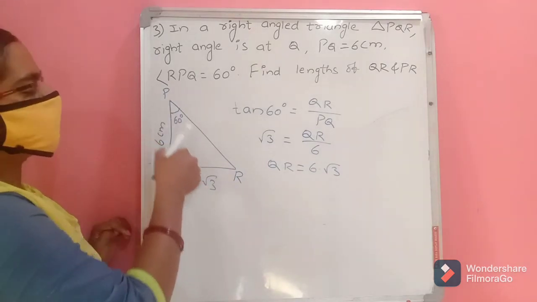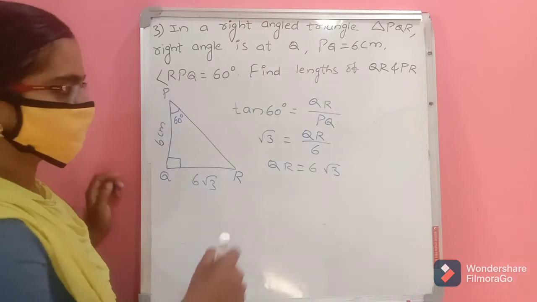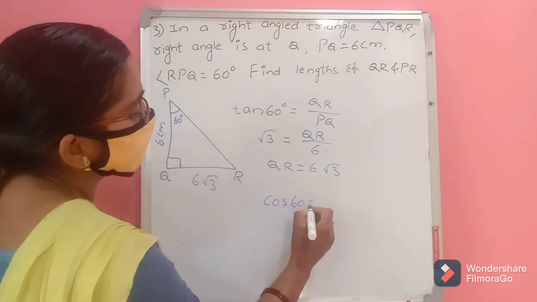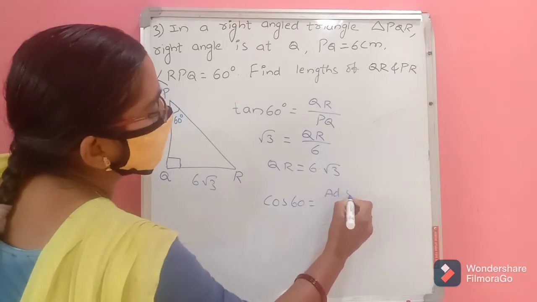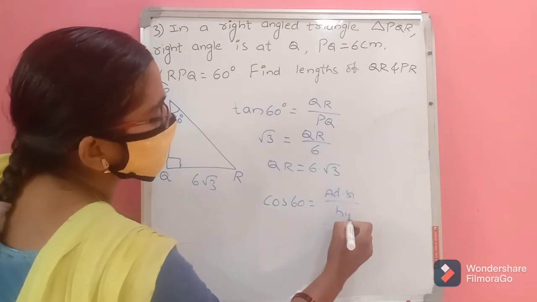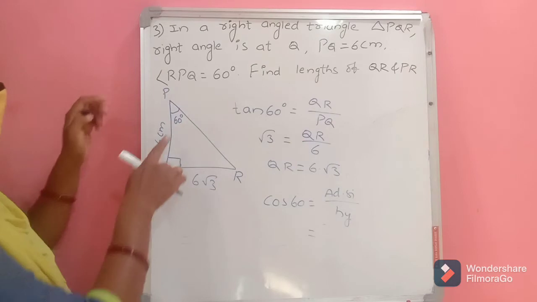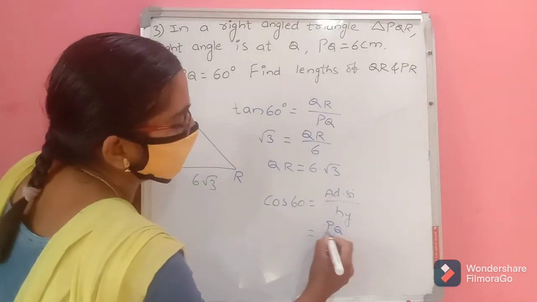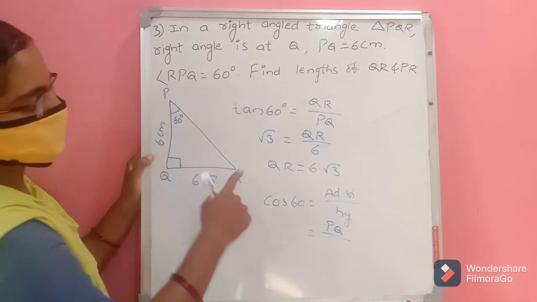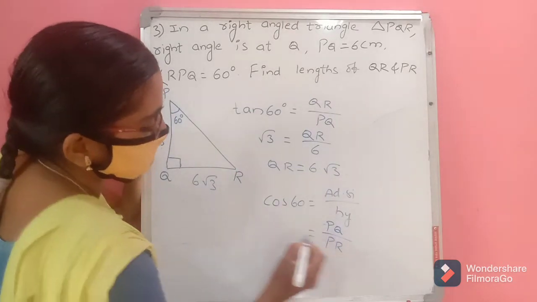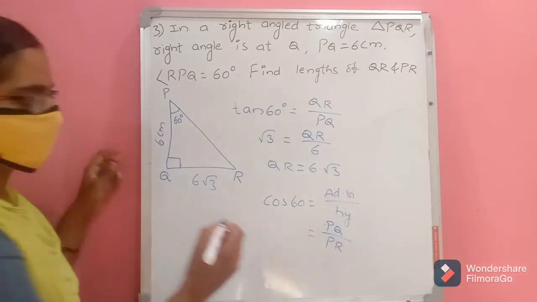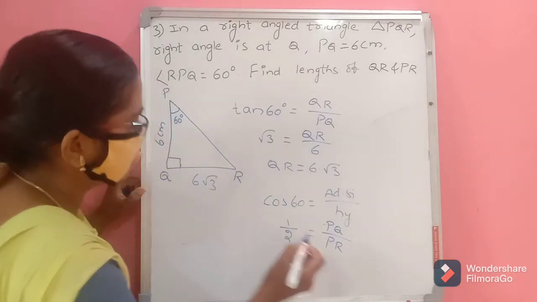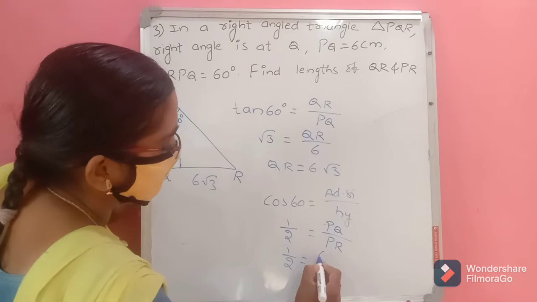Now you can write cos for the same. Cos 60 is equal to adjacent side by hypotenuse. For this cos 60, adjacent side is PQ and hypotenuse is PR. So cos 60, 1 by 2 is its value, equal to PQ, 6, by PR.